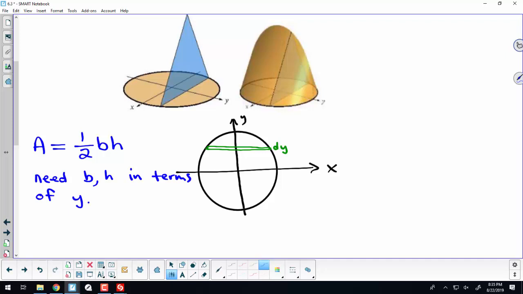Because we saw with that interactive figure that the base, which is directly related to the height, changes depending on where you're at on the circle. Down here, whatever, draw this tiny little triangle here. There's our slice right there. For this one right here, we have this triangle here.